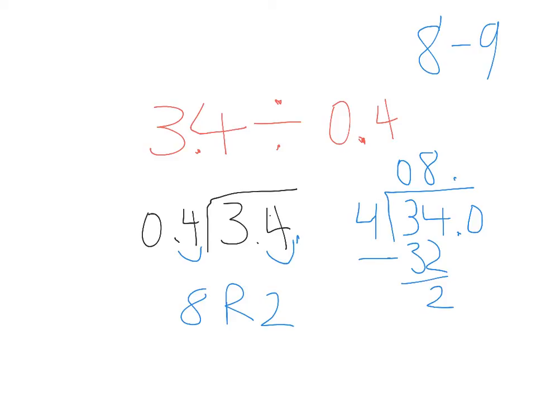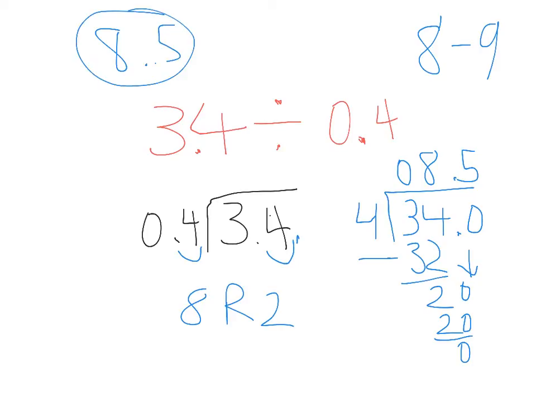I can keep adding zeros on provided there's a decimal point before the zeros I add on. So here, bring this down. Now I'm saying how many times does 4 go into 20? That goes in 5 times. So my answer is going to be 8.5, which is smack dab in the middle of the 8 to 9.